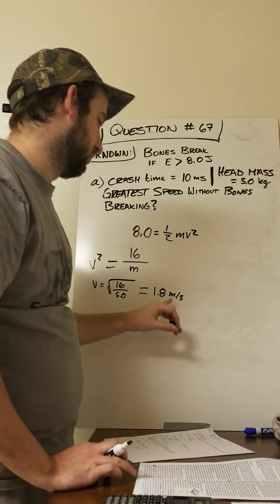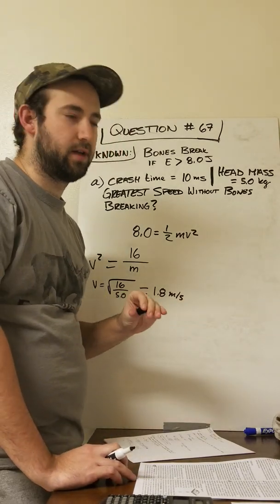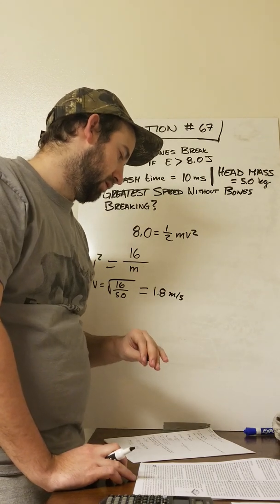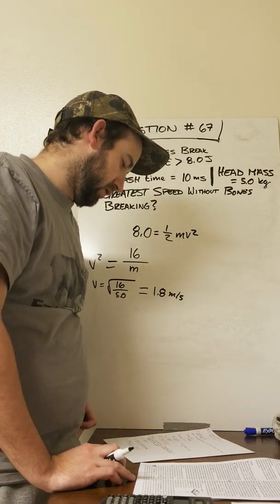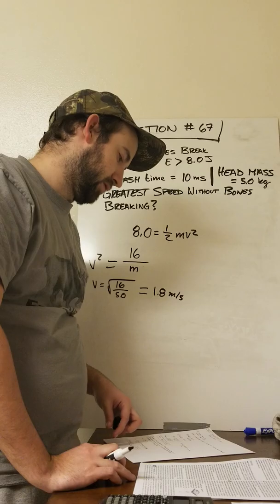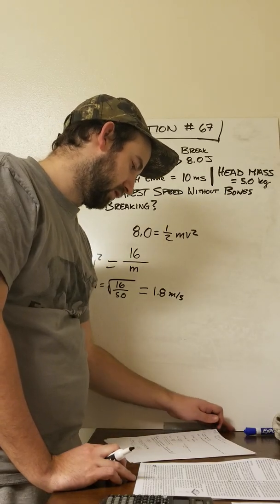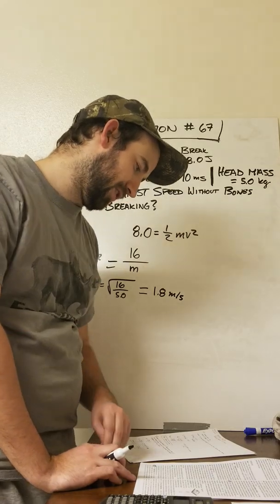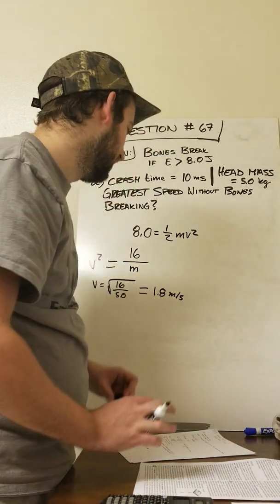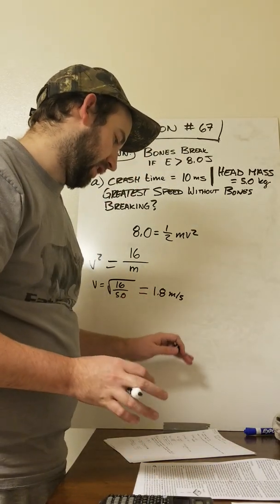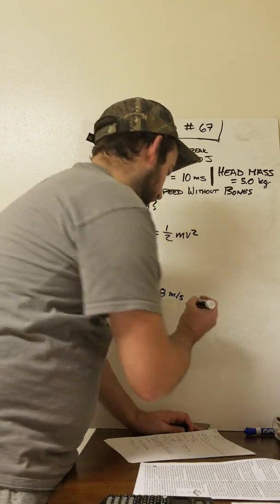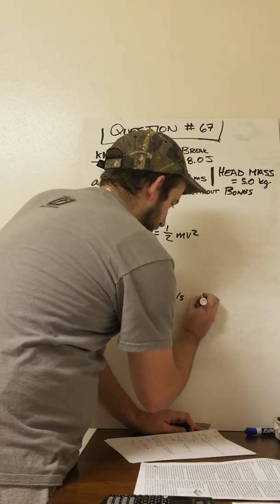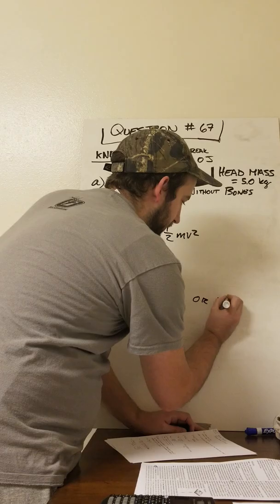Now the question also wanted it in miles per hour, and we do that just through our conversion value. Each meter per second equals 2.237 miles per hour. So when we multiply that out, we actually get an even 4 miles per hour.